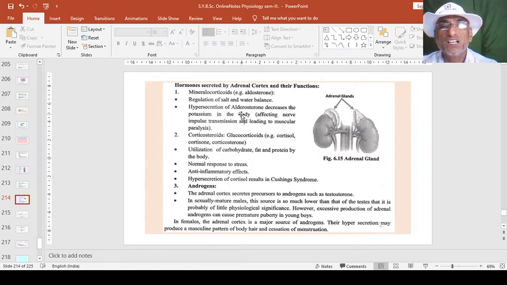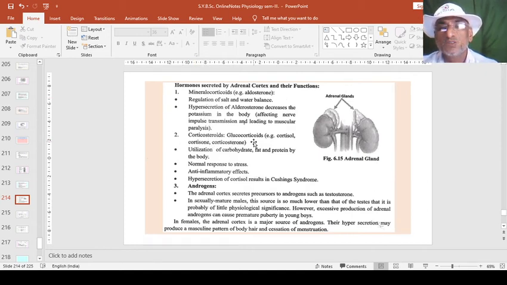Hypersecretion of aldosterone decreases the potassium in the body, affecting nerve impulse transmission and leading to muscular paralysis. So hypersecretion also decreases the potassium level in the body. This is the first. Second, corticosteroid.